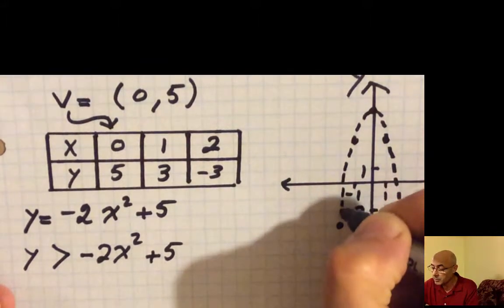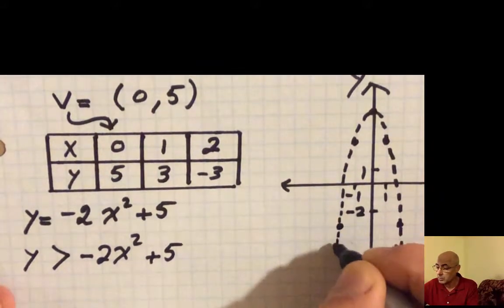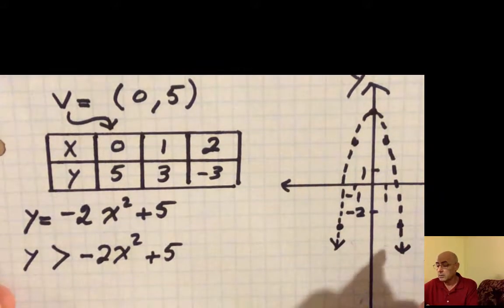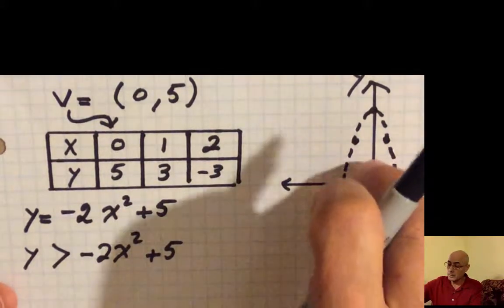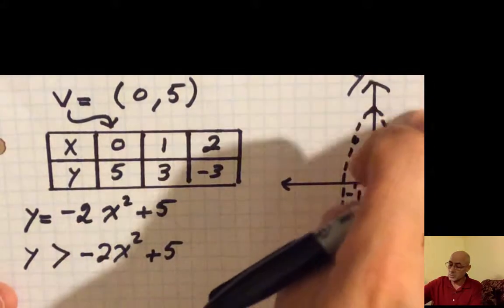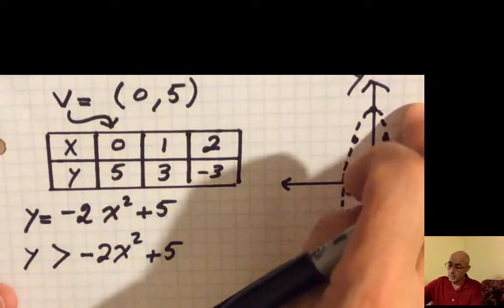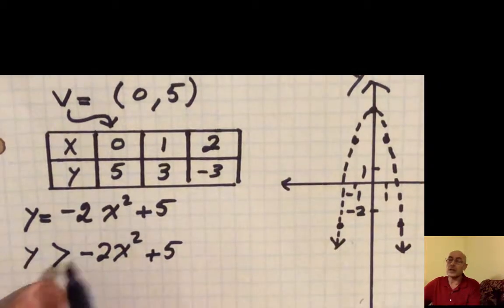Dashed means the points on this parabola are not solutions of the inequality. So the solutions are going to be either the points inside the parabola, under that curve, or the points outside, which are above the curve. Now the original problem says y is greater than.